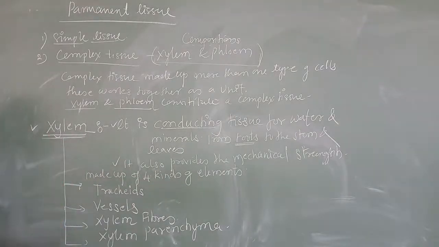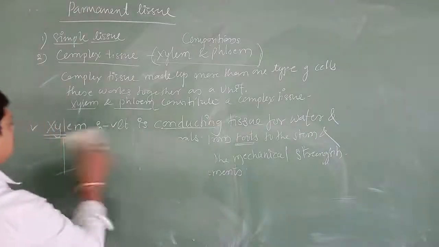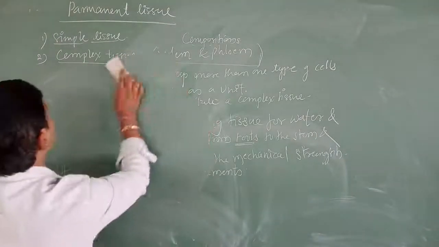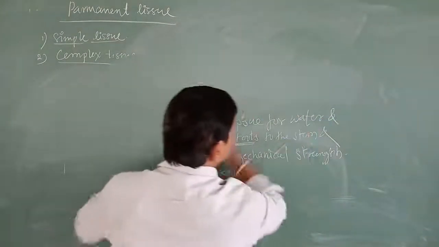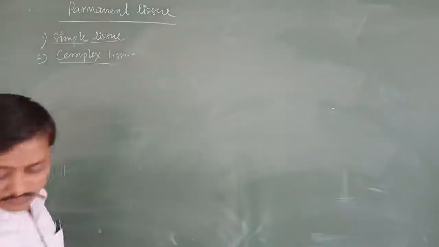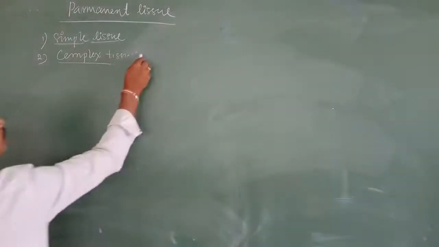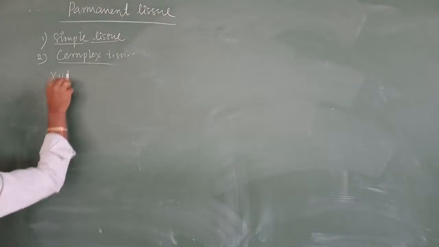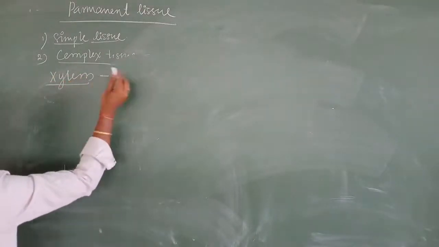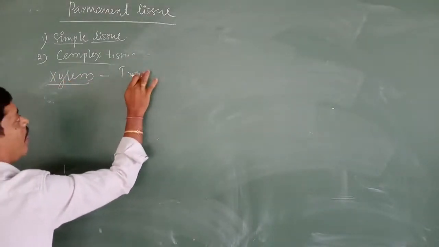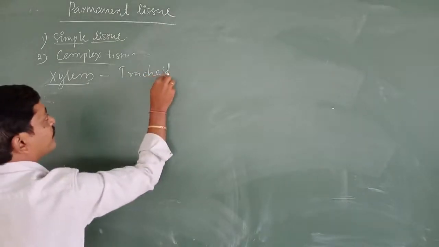The xylem is made up of four kinds of elements: tracheids, vessels, xylem fibers, and xylem parenchyma. Now we are going to start discussing the xylem components. What are the xylem components I told you? First one is tracheids.